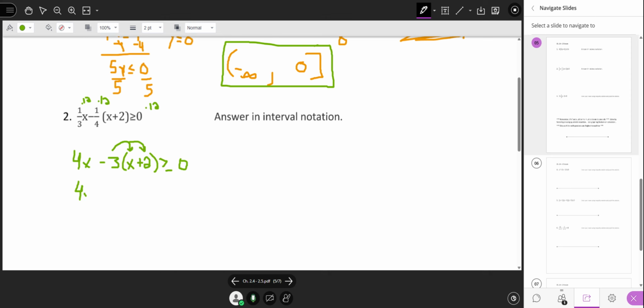So 4x minus 3x minus 6 bigger than or equal to 0. 4x's minus 3x's gives us 1x minus 6 bigger than or equal to 0. Now we add 6.